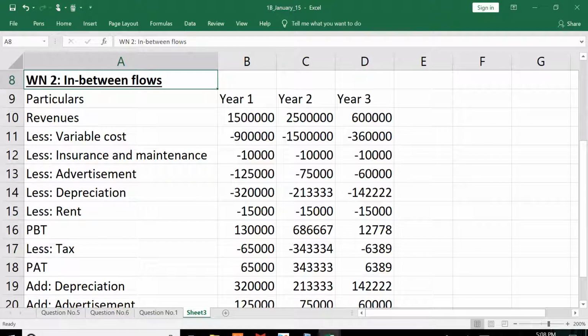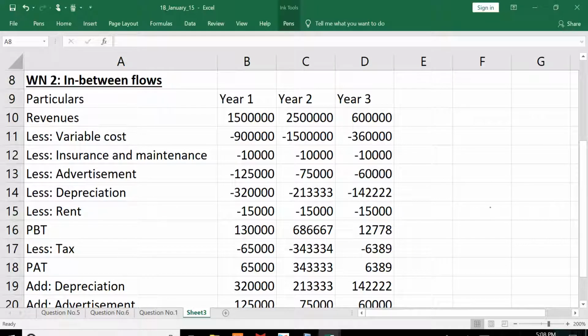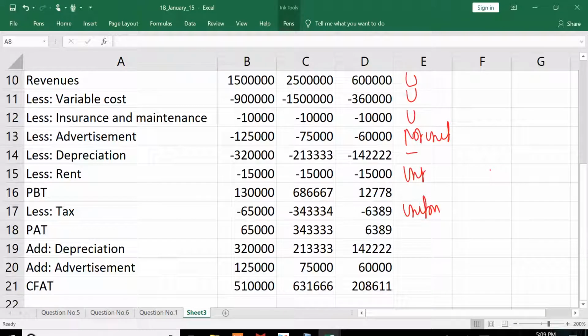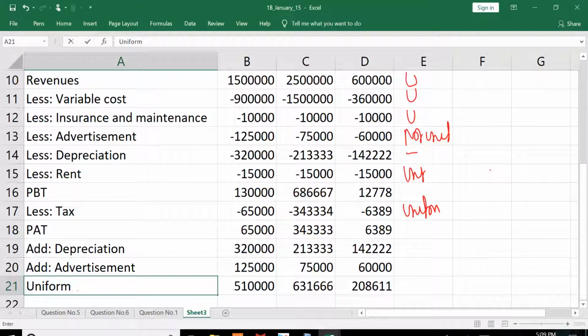Now listen. This is uniform throughout the year, and I have kind of removed this from my cash flow. I added and subtracted, so kind of removed it. This is not a cash flow. Tax is also uniform. The question has said that the company pays tax as and when it earns the income. So the CFAT which we have calculated is uniform CFAT.